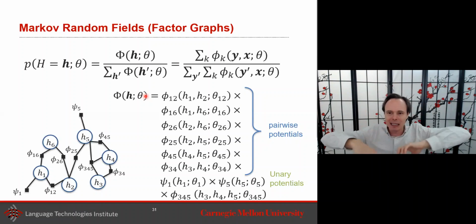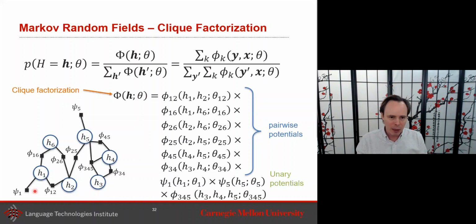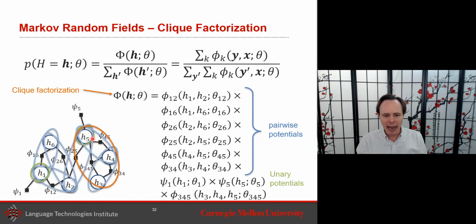And the clique is this way of factorizing. I'm going to factorize by having all of my pairwise potentials, and I will also factorize maybe the unary, and more importantly, when I have my triplets. So now for this factor here, I can't just use H4 and H3. I need H5, so I need all 3 of them. So my clique to be able to infer that potential is going to be at least these 3 nodes.